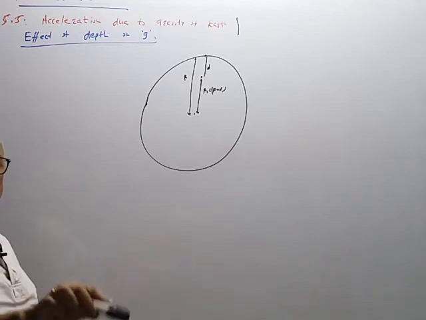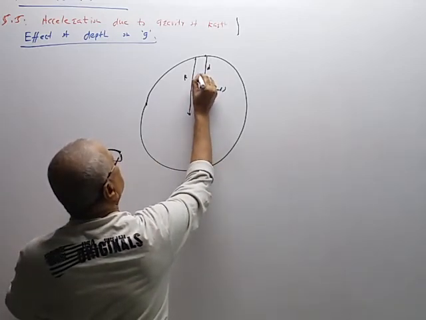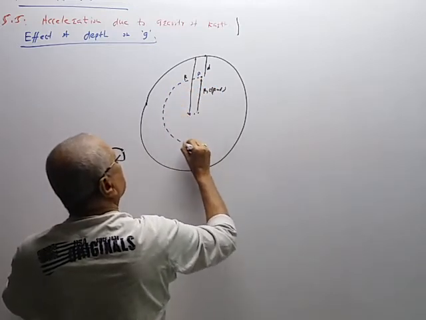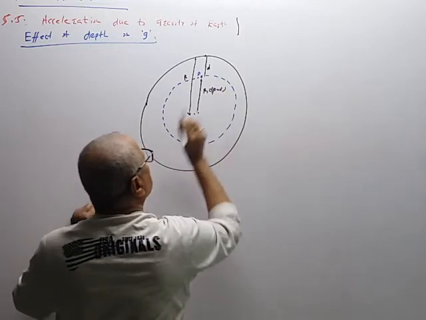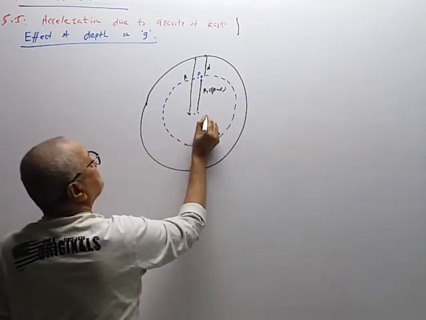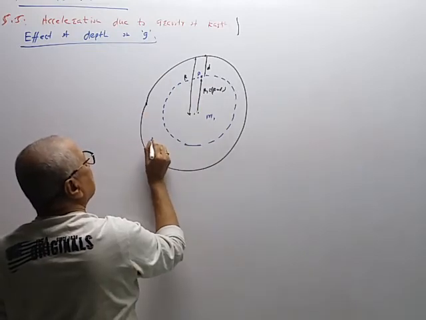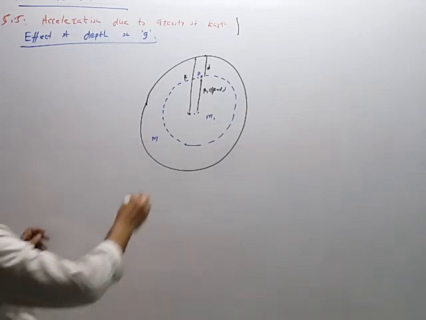So now we will consider this imaginary sphere passing through the point P. It has radius r minus d and its mass is m1, and this real Earth has mass m. So these are the two cases.